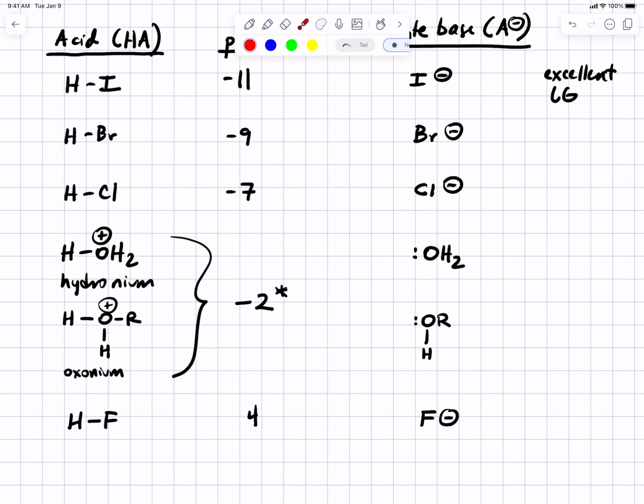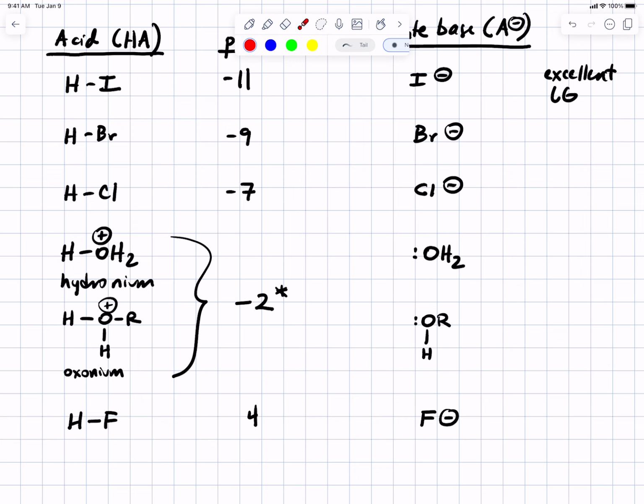So why is it that HF is the weakest acid and that F minus, based on this comparison, should be a poorer leaving group than I minus? Yeah. Size. Is it size? Yeah, I mean, that's actually the only other explanation you can come up with, right? I minus happens to be larger, F minus happens to be smaller. So yes, the large size of iodide allows a little bit more electron delocalization, and remember, spreading out electrons is always stabilizing.